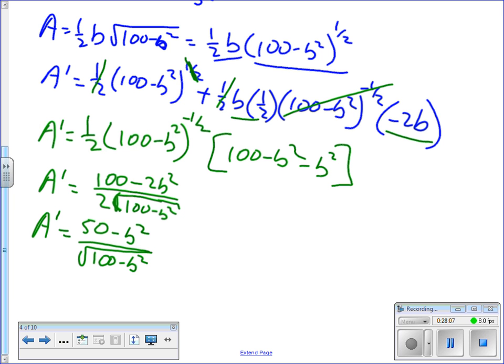I have to find somewhere in between. It's undefined where the denominator is equal to 0. The denominator is equal to 0 at plus and minus 10. That's outside my domain. And then my numerator, where's that equal to 0? 50 minus b squared is equal to 0 at b equals the square root of 50.